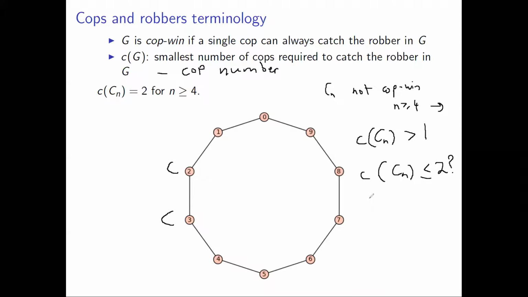If the robber is smart, they're going to be as far away from the cops as possible. So put them over here. And the strategy that the cops are going to use to capture the robber is they're just going to close in on the robber from both sides. So what does that mean? Well, this cop is going to go around this side, and this cop's going to go around this side. The robber is just going to stay in place.